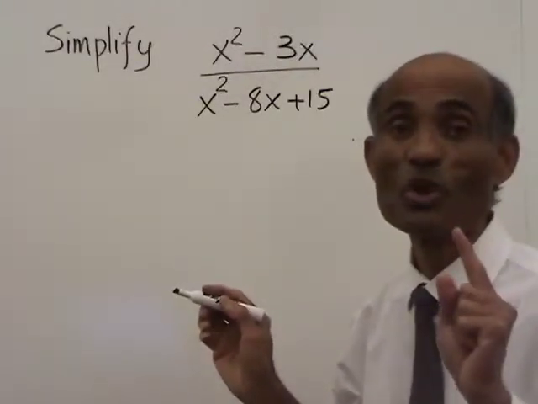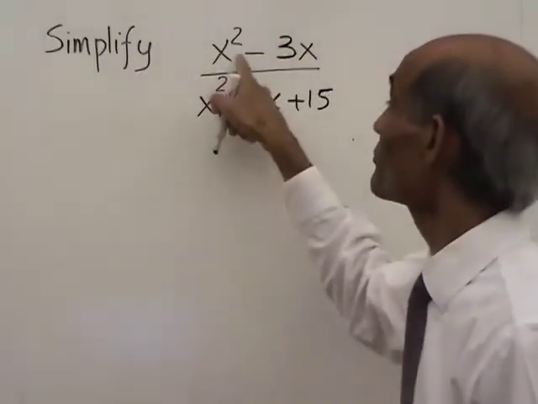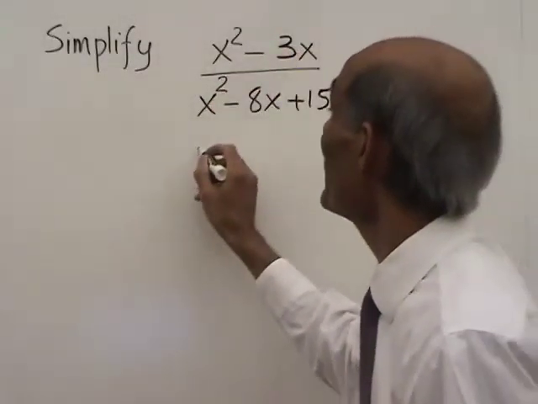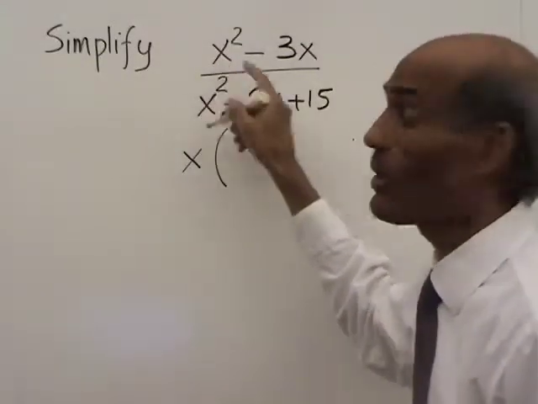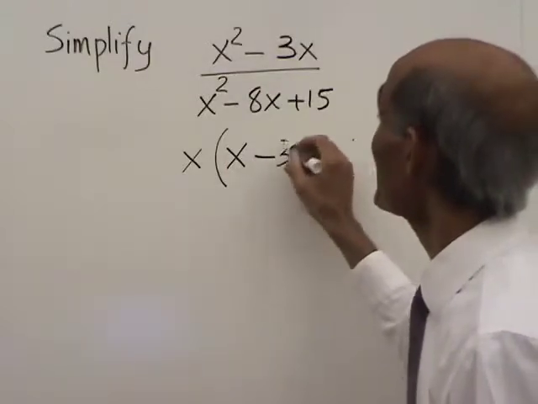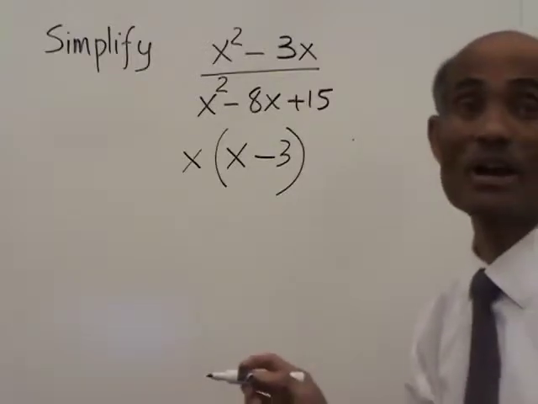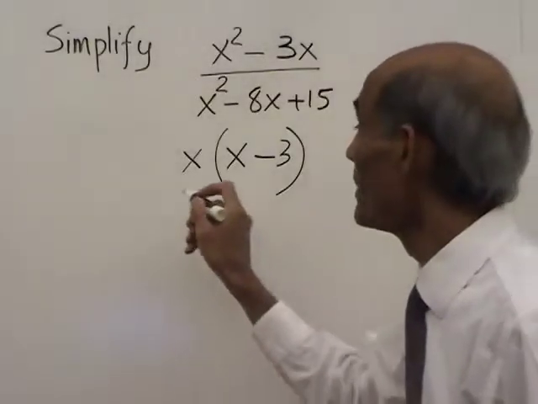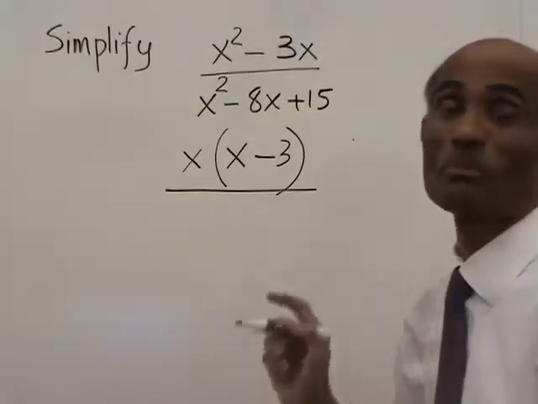The first thing you look for when you want to factor are common factors. X squared minus 3x, x is common there. When x is pulled out of x squared, you have an x remaining. Minus 3, so x squared minus 3x is x times x minus 3, all over x squared minus 8x plus 15.